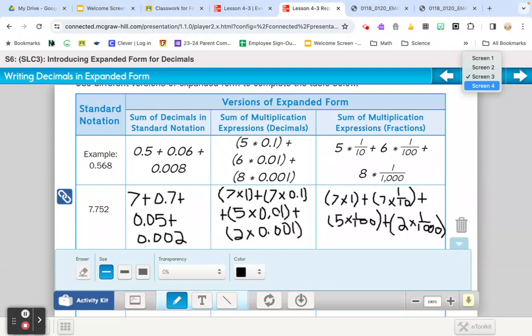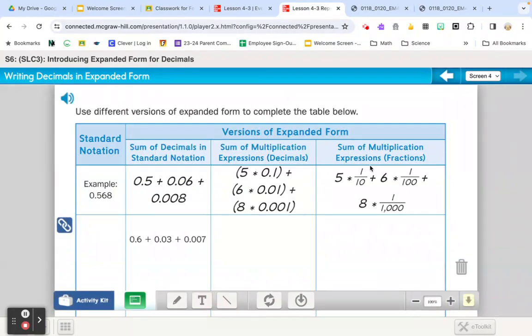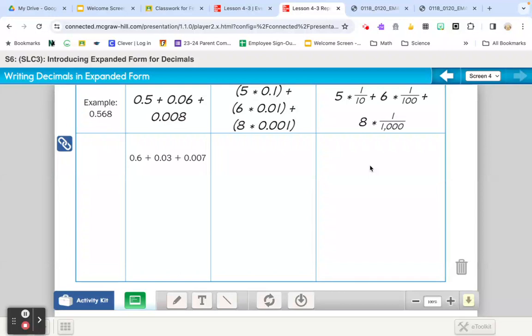All right, let's go ahead and move on to our last problem. Again, pause the video. And this one is a bit different. They do not give you the standard notation now. They give you the expanded form, and you have to work out the standard notation and then the other two expanded forms. So pause the video and see if you're able to do that.